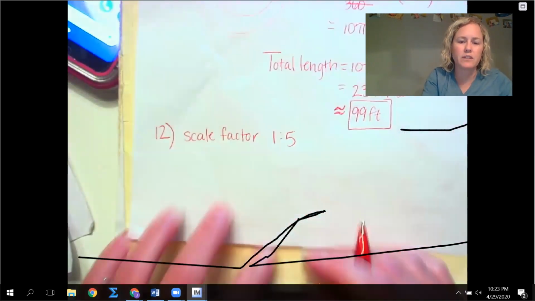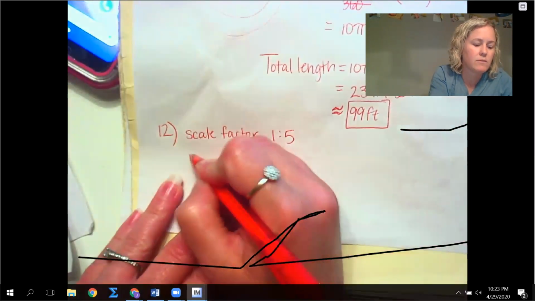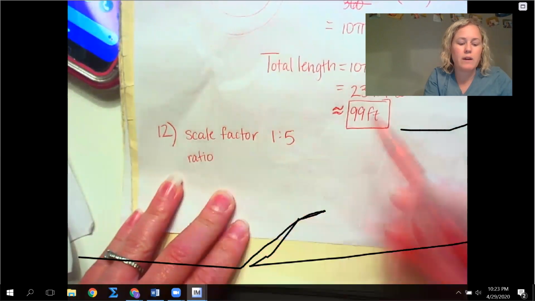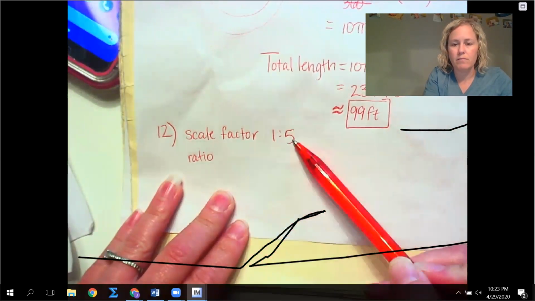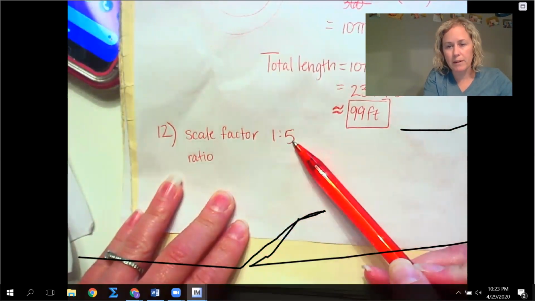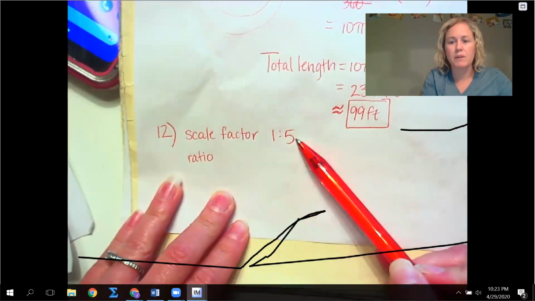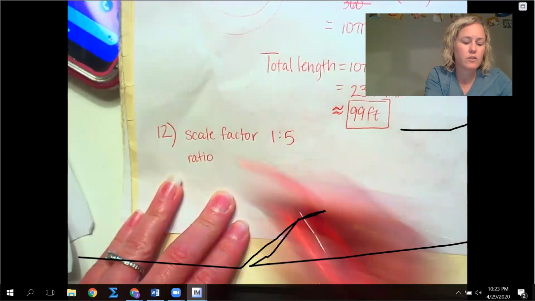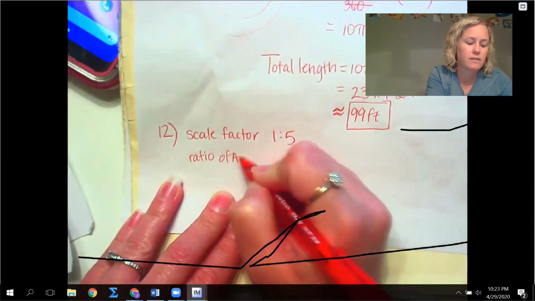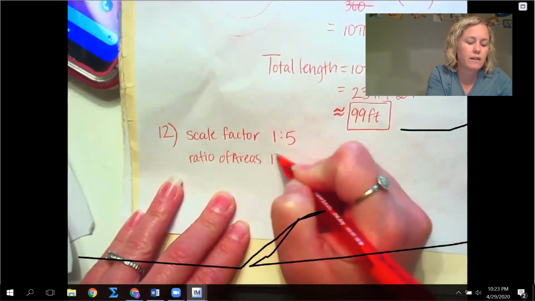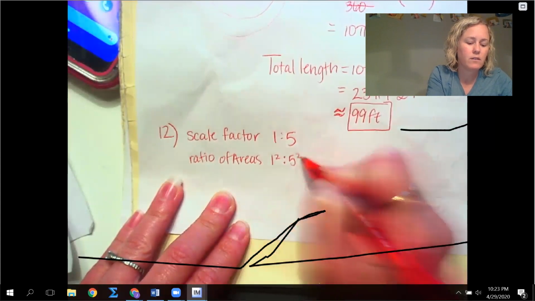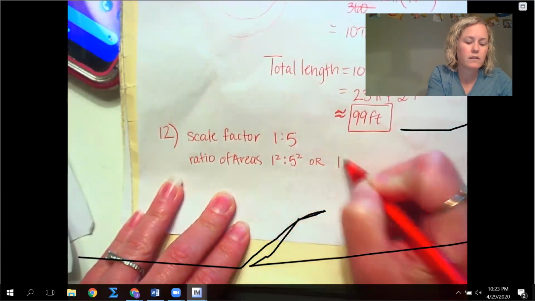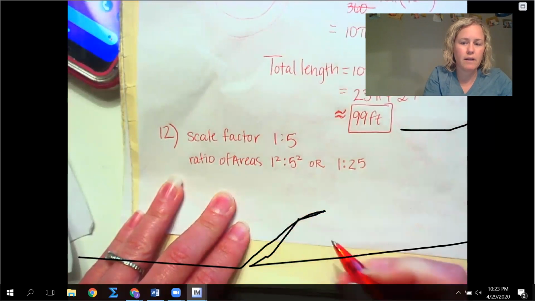Okay, so the scale factor is 1 to 5. That means we learned that if the scale factor is A to B, the ratio of perimeters is also A to B. But the ratio of areas is A squared to B squared. So the ratio of areas is 1 squared to 5 squared, or 1 to 25. Okay?